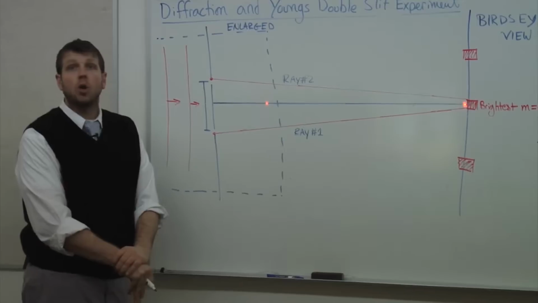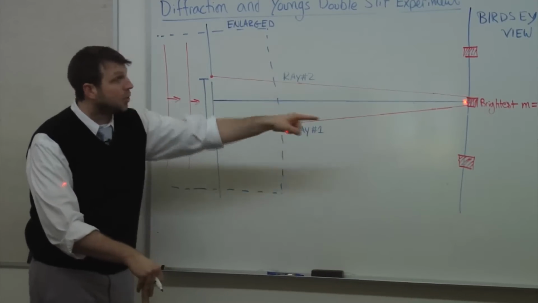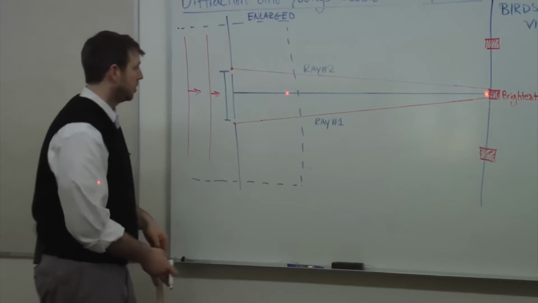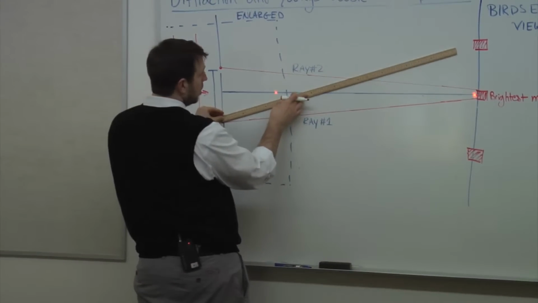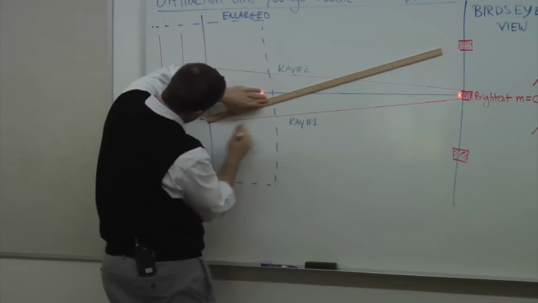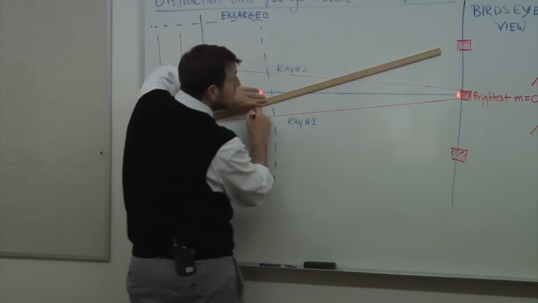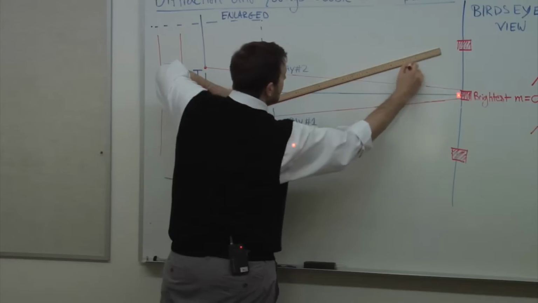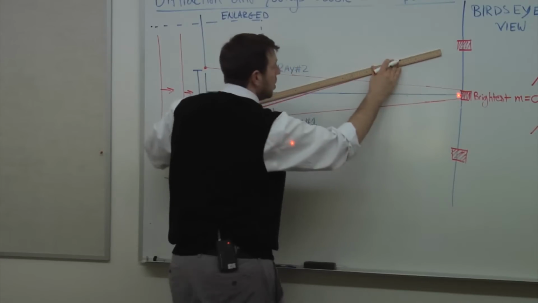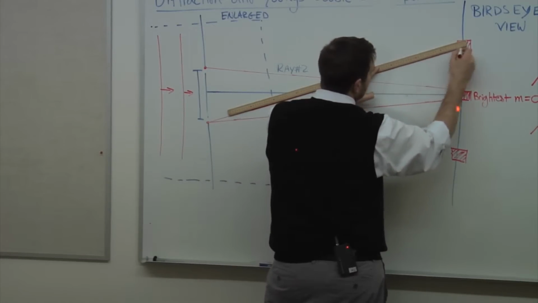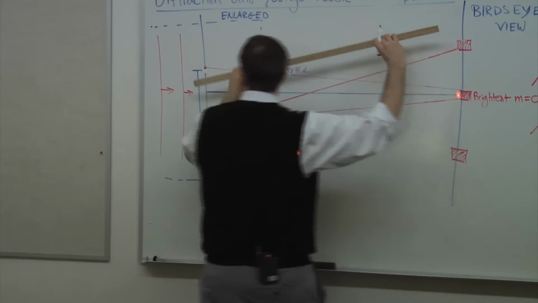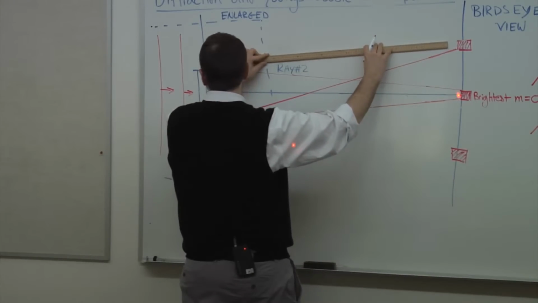Well, let's take a look at what our rays do when we refocus them on either of these pieces of constructive interference. So check out ray number 1. Ray number 1 travels just like this. And here's ray 2.